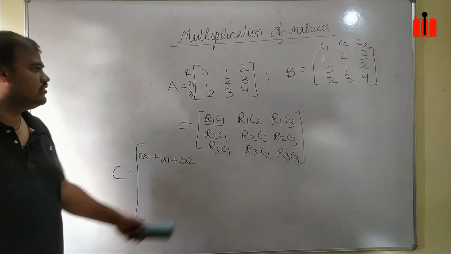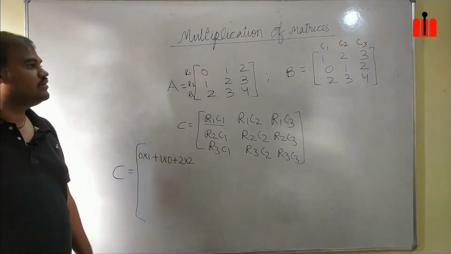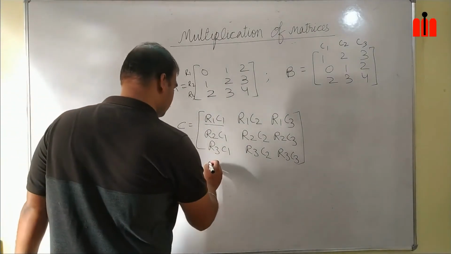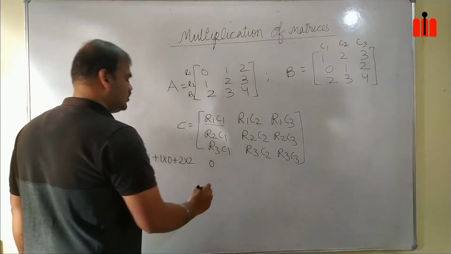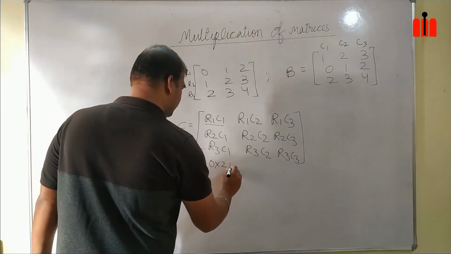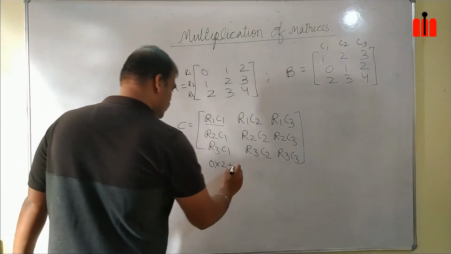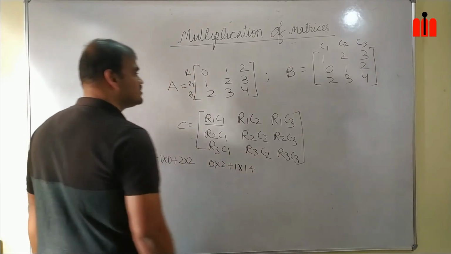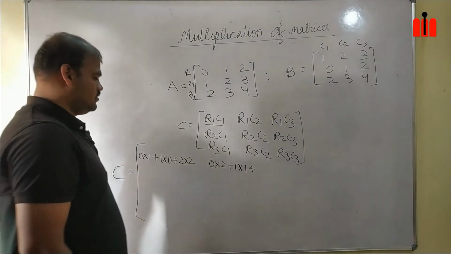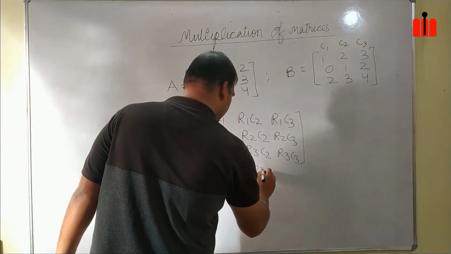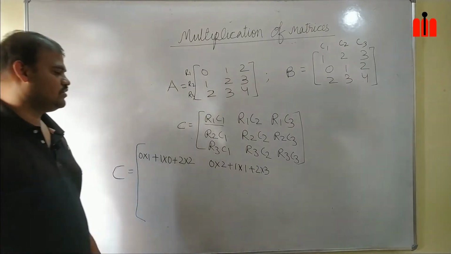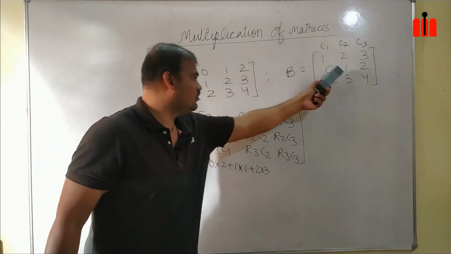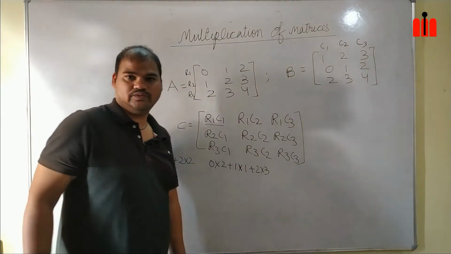This will be my first R1 C1. Now next go to R1 C2. So R1 C2 will be 0 into 2 plus 1 into 1 plus 2 into 3.